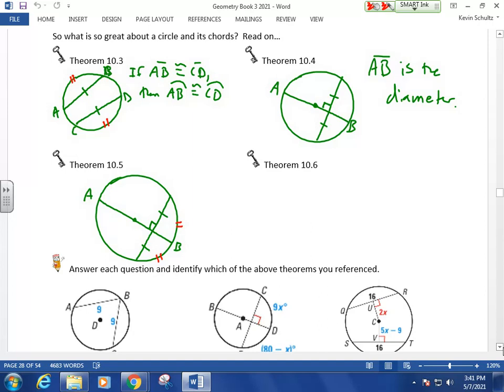So 10.4 says if you know you've got the perpendicular bisector, you can conclude you have the diameter. Theorem 10.5 says if you know you have the diameter and you've got the congruent pieces of that chord, you can conclude the right angle and conclude that those other arcs, those associated arcs, are congruent as well.